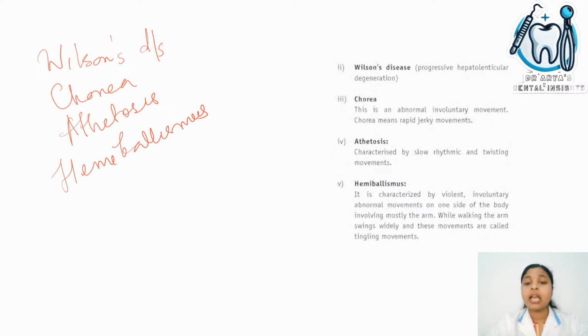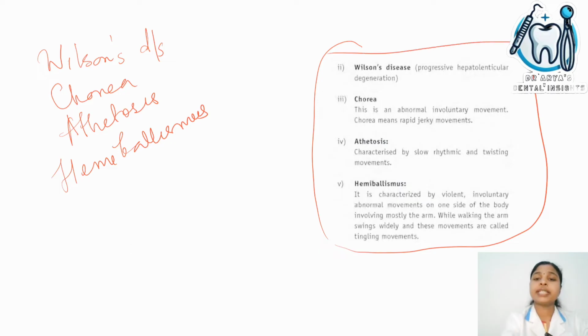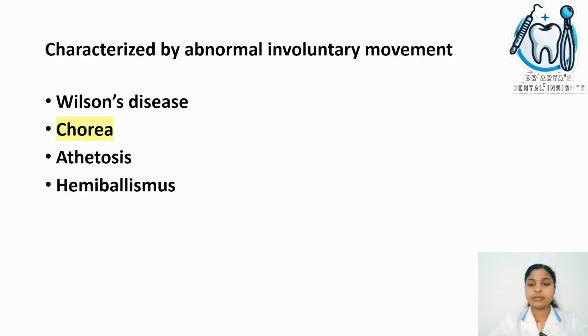While walking, the arm swings widely, and these movements are called tingling movements. So these are the various movements. Okay. So the answer is chorea. That is known as rapid jerky movements.